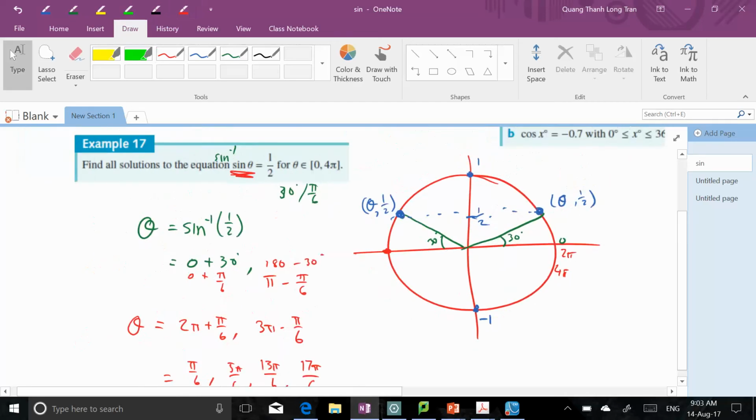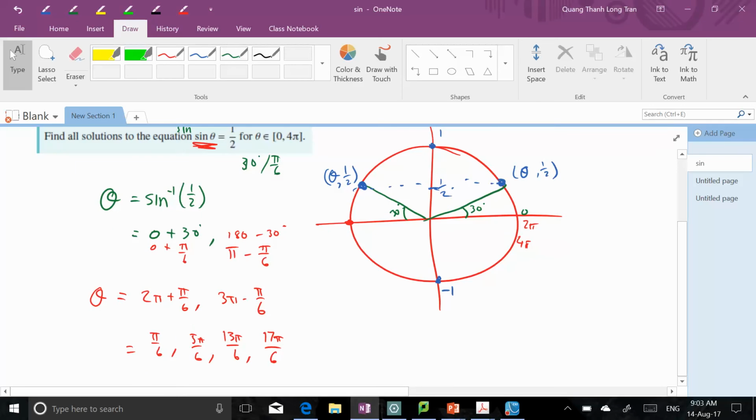So fitting into that domain that we asked, 0 to 4 pi, I need to know what angles will give me that half. If I did sine of pi on 6, I should get half. If I subbed in 5 pi on 6, it should still give me half. If I did sine of 13 pi on 6, it should give me half, because I'm just going around the unit circle until I get half. Does that make sense?